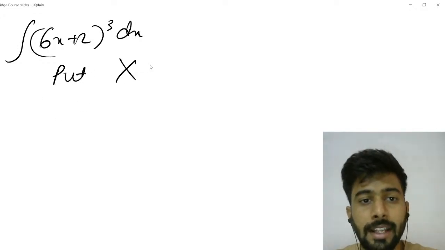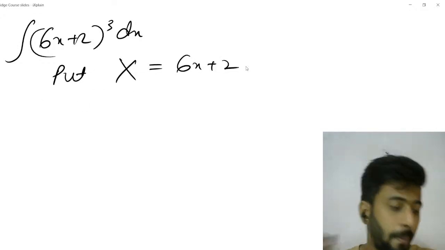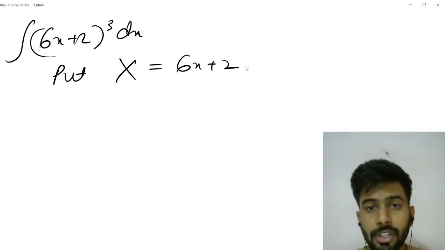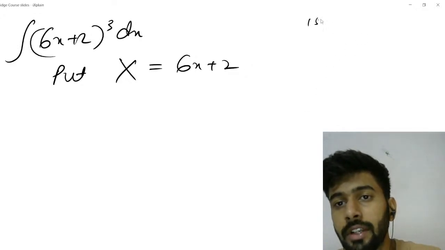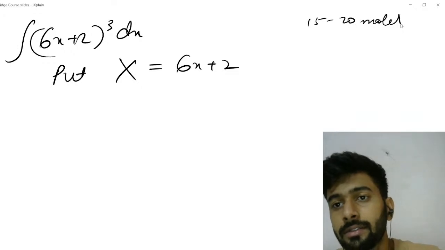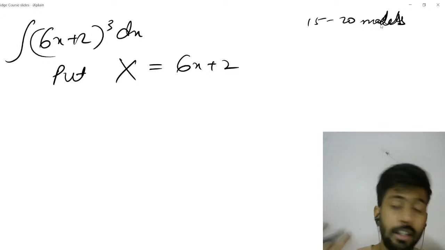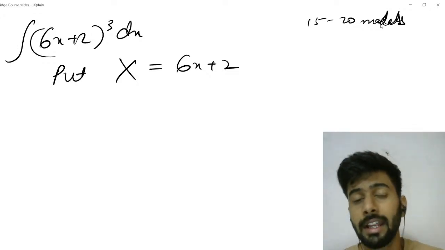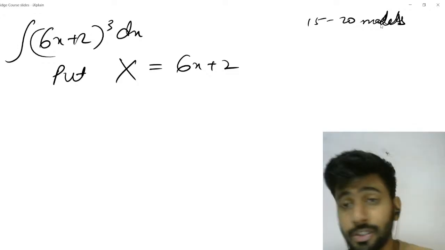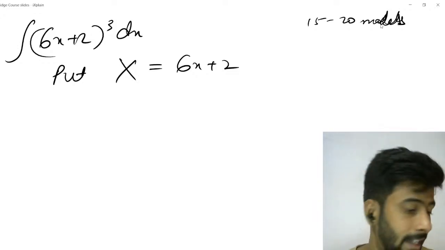Put capital X equal to 6 small x plus 2. Substitution. Again, one of those 15 to 20 models. You will not get a hang of this until you practice. Integration is not going to come from a bridge course or from a couple of classes.